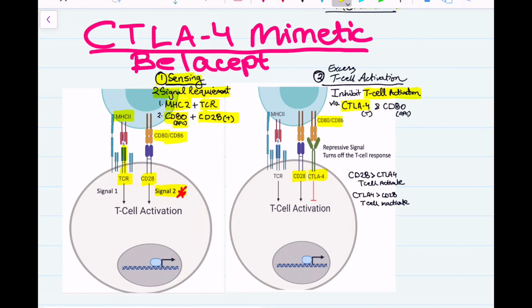But when we have too much T cell activation, a big response, the body basically will try to repress it or turn off the signal, and we use CTLA4 to turn it off. So it's important that if we have more CD28 than CTLA4 that can bind to the CD80, we get T cell activation. But if we have more CTLA4, then we get T cell inactivation.